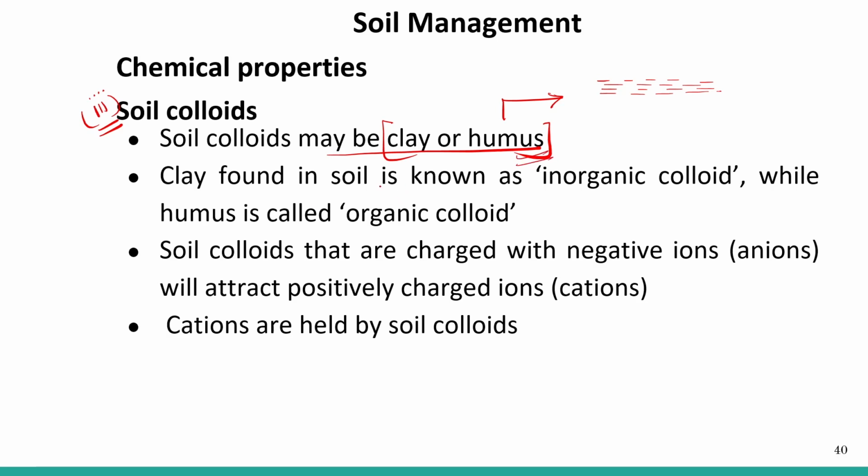So the clay found in the soil is known as inorganic colloid. This particular clay material, clay, is particles of the soil, right, that have been formed from the rocks. So the clay found in the soil is known as inorganic colloid, while the humus, which has been formed from organisms, is called organic colloid.